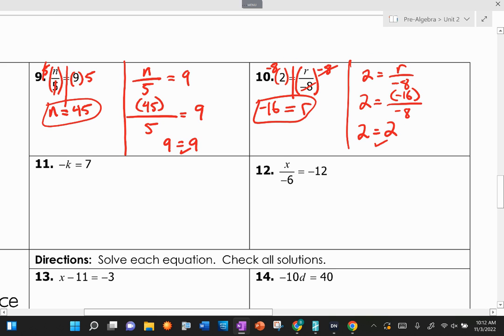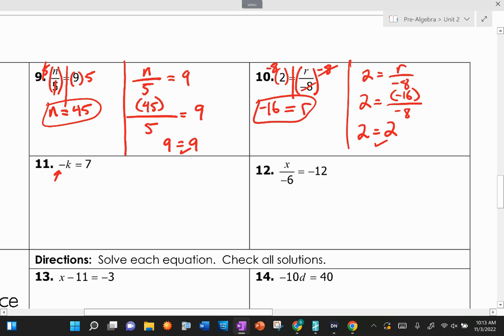Okay, so let's talk about number 11. Number 11 has negative k equals 7. The way that you should look at this, please pay attention, please watch, is that this negative is being multiplied to k.